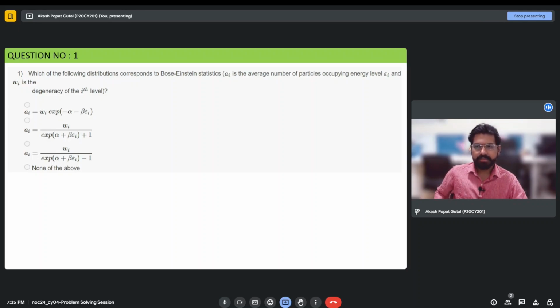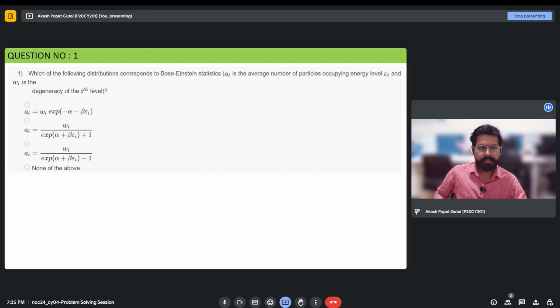So we are asked which of the following distributions corresponds to Bose-Einstein statistics. Please do the analysis and tell me the answer.